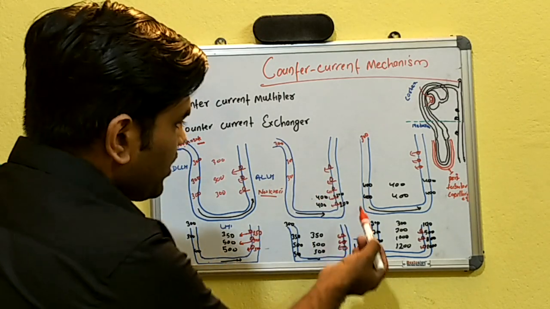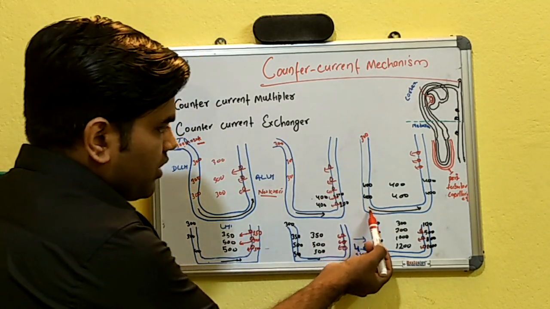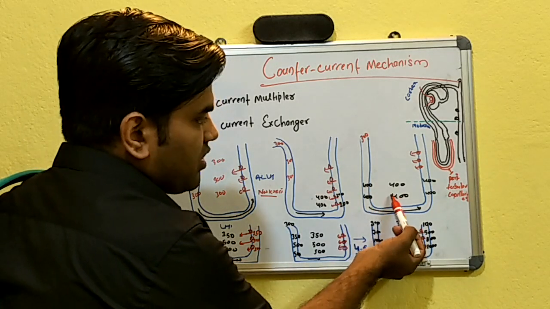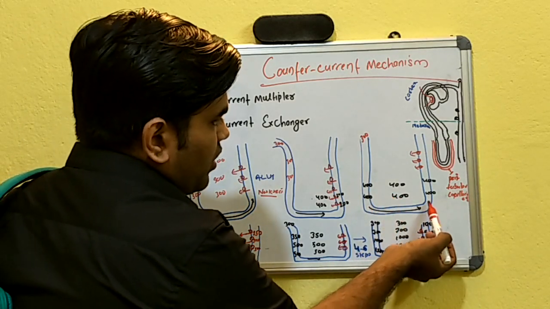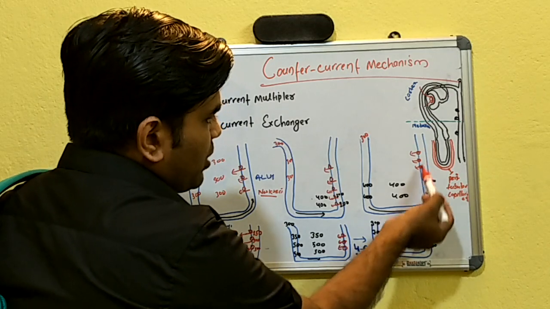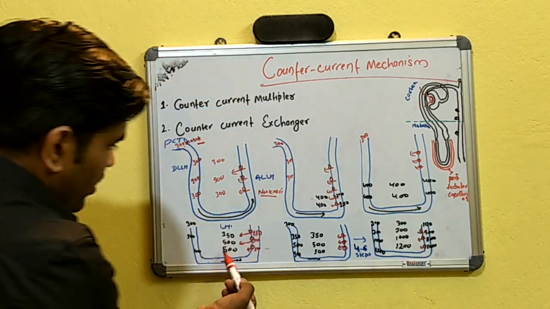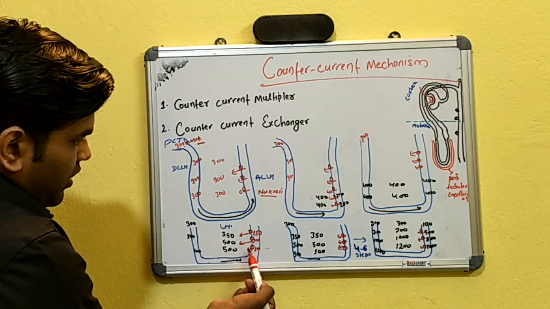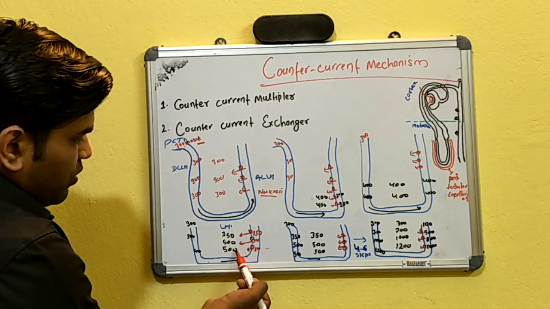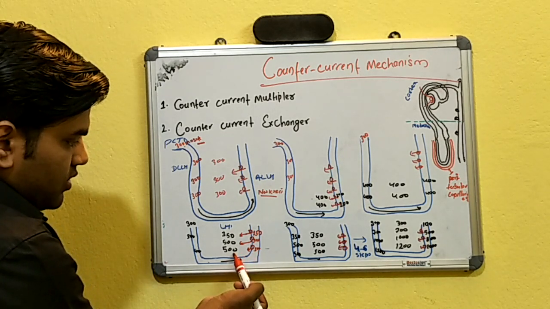Now your osmolarity here becomes 400. Now this 400 is going through the renal tubule. This is in the interstitial fluid. When it goes over here, this pump is again there. This pump will again pull out solute and maintain the 200 gap. This will be 300. Now your osmolarity is 500. This interstitial is 500.